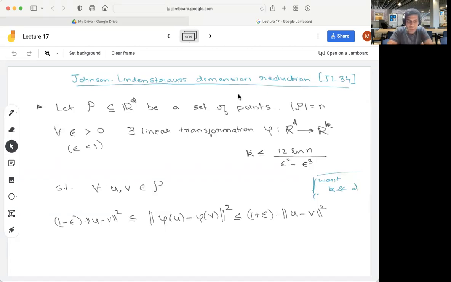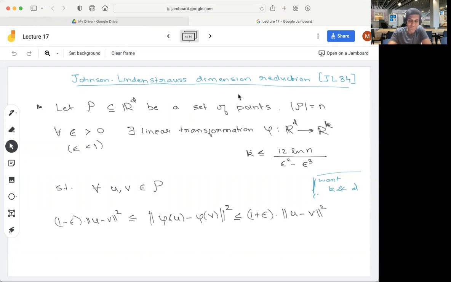At the same time, we want the distances in our data set not to change too much. So distances is one property which we have chosen to care about in this scenario. Of course, maybe you are interested in some other property of the data set, and then we'll have to reason about it accordingly.